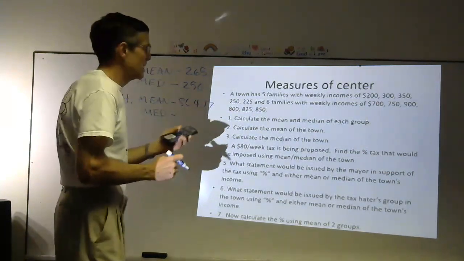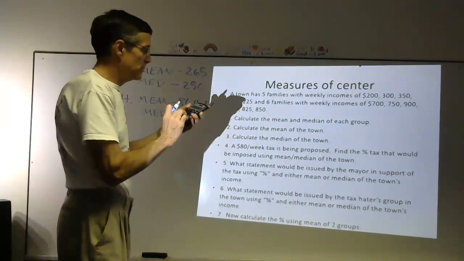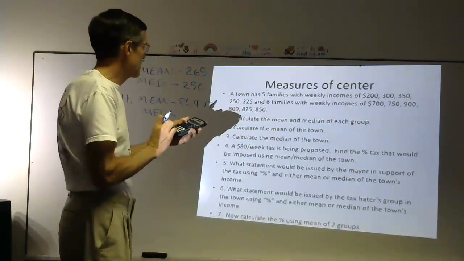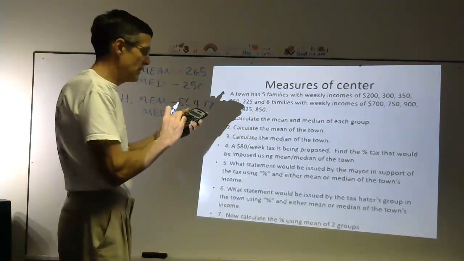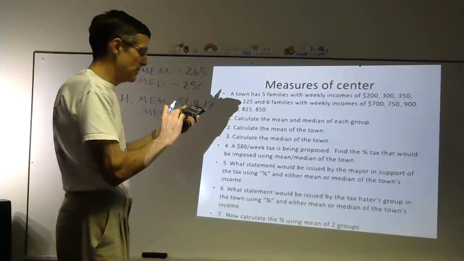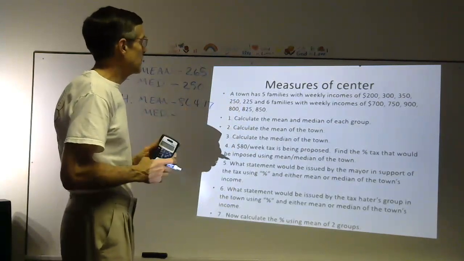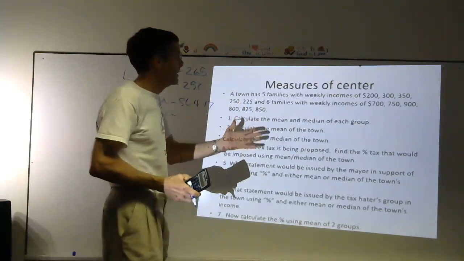Let's double check that. 1,450 plus 1,700 plus 1,675 equals, divided by 6. Yep, 804.17.